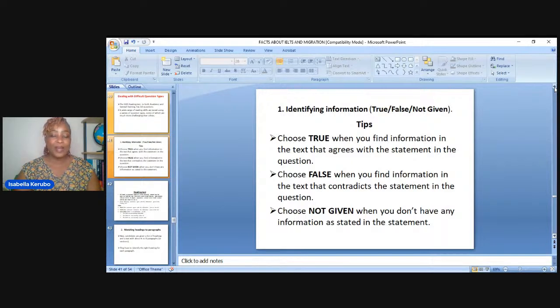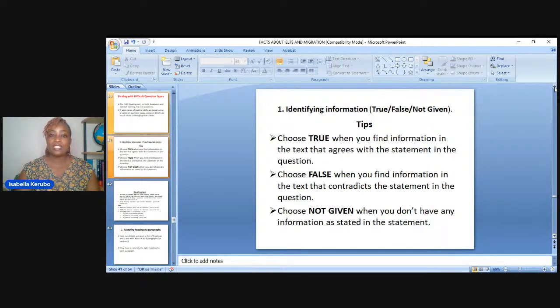This is actually where people find problems, especially deciding whether the statement is, I'm supposed to write, false or disagree, or not given. What is the difference between false or disagree and not given? Okay, you only choose the not given option if you do not have any information that is stated in the question, in the text.